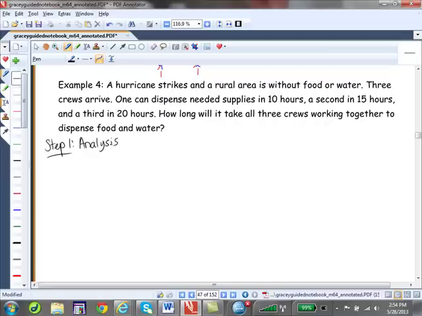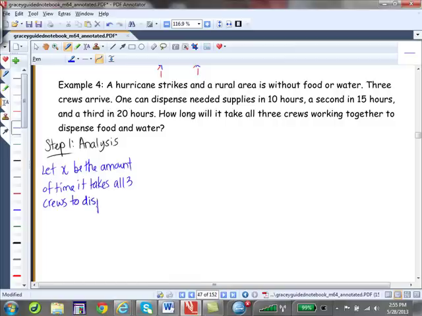So why don't we let x this time be the amount of time it takes all 3 crews to dispense supplies working together.